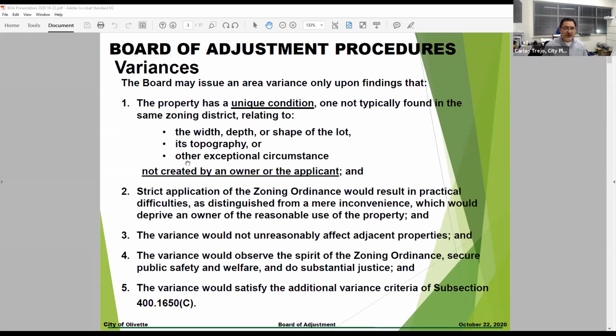Because that regulation would result in a practical difficulty and deprive the owner of viable use of the property. It should not unreasonably affect adjacent properties. It should be within the spirit of the zoning ordinance overall, and make sure that public safety, welfare, and substantial justice are maintained, and be consistent to allow light, air, and all the other requirements that the city enforces through its zoning code.